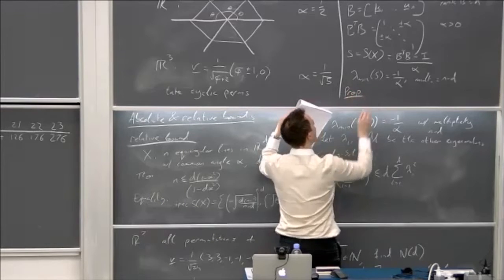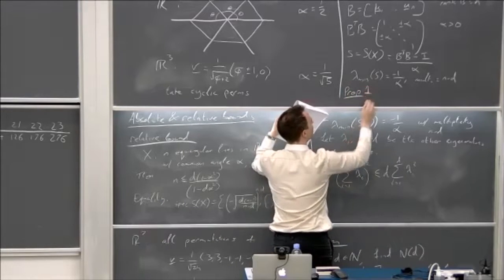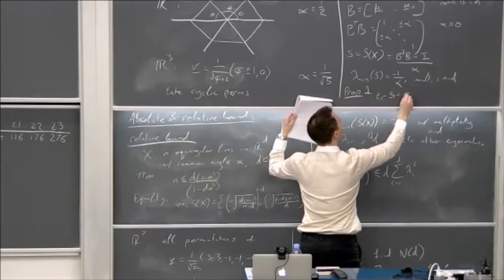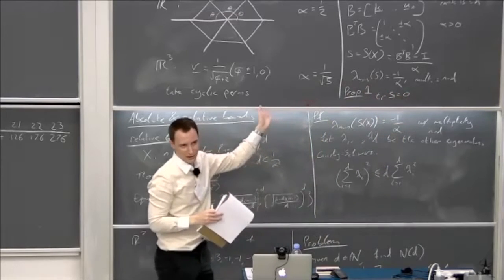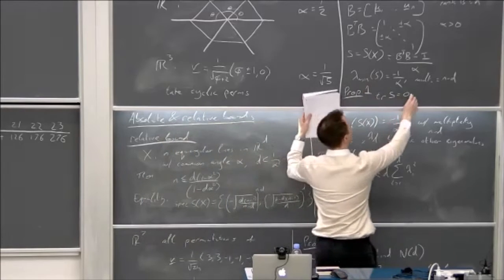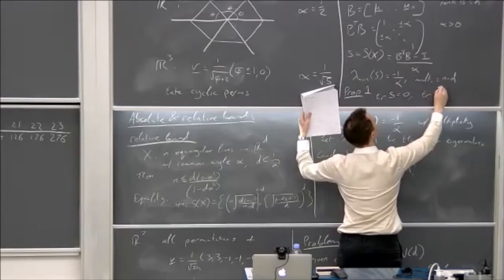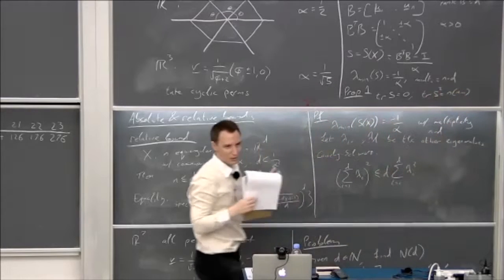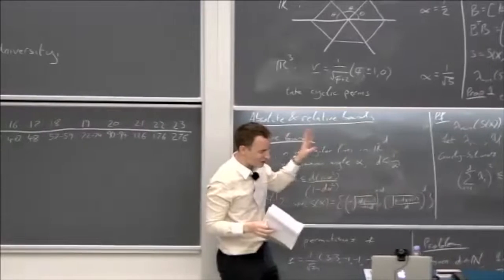Now we just need to use some property of Seidel matrices. An important proposition about Seidel matrices, let's call it proposition 1, is that the trace of S is 0, because Seidel matrices have 0 diagonal, and the trace of S squared is n times n minus 1, because all the other entries are plus or minus 1.